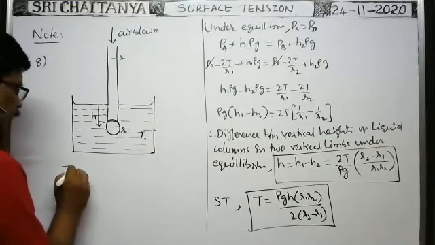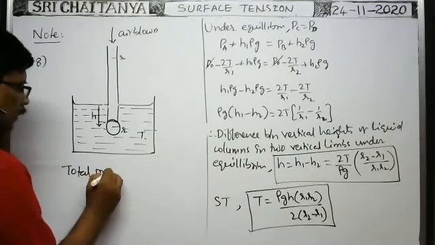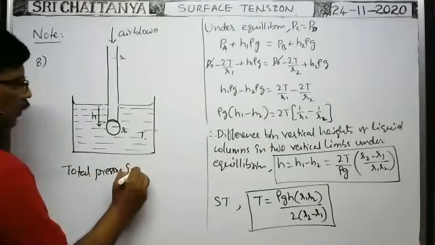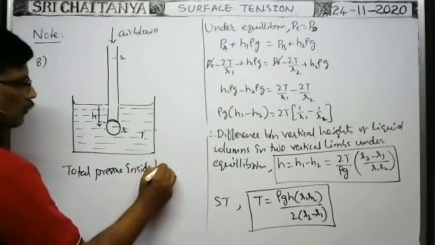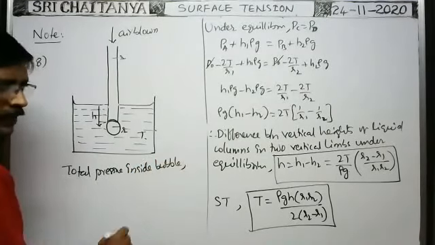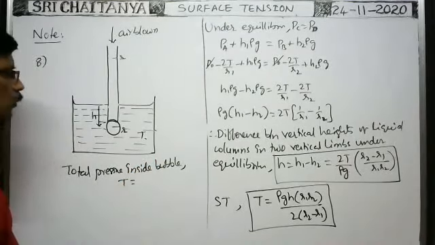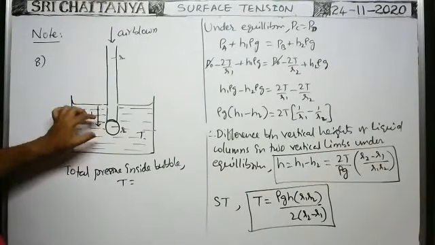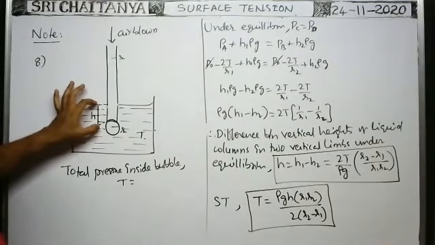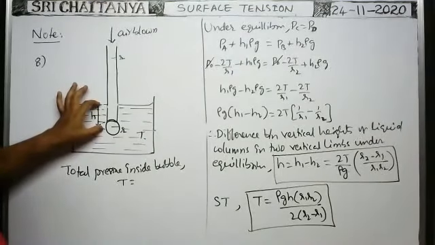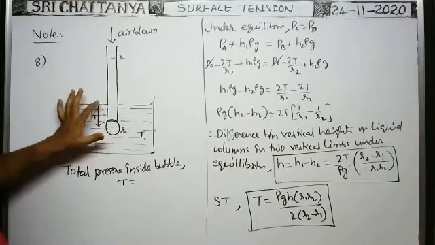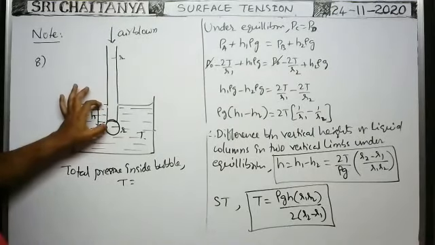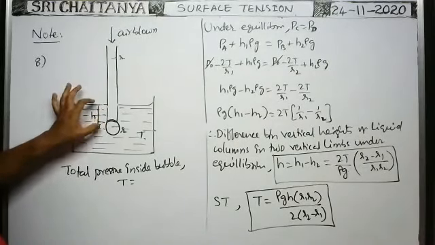Total pressure inside the bubble, capital P, is equal to, you see, here at this point at the bubble, when compared with the depth of the bubble, the size of the bubble is very small. That's why the depth of the bubble can be taken as the depth of the capillary tube inside the liquid only.